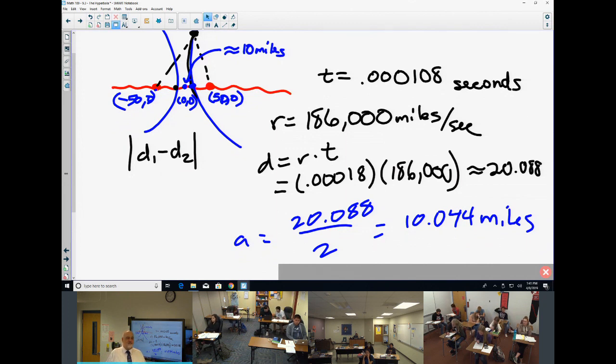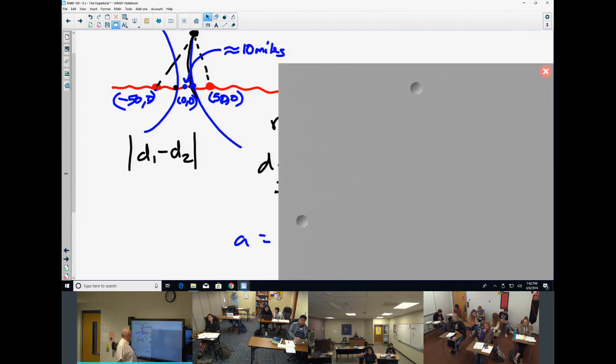The U.S. was the first to develop this type of navigation using hyperbolas, and it gave us an extreme advantage in the early 20th century as far as our boats being able to navigate and our shorelines being protected. So anyway, I thought that was kind of an interesting application.